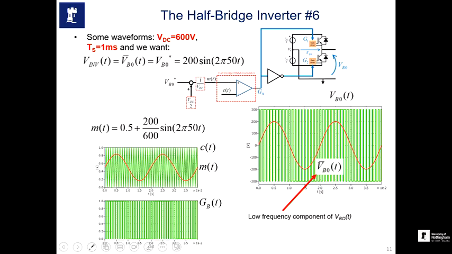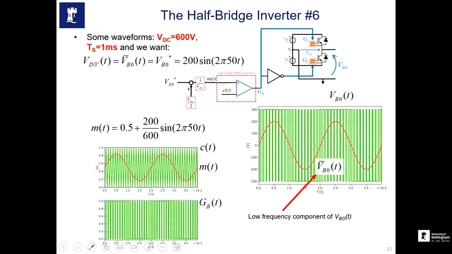Which means to generate a 200 volt peak, we have to use a 600 volt DC link. So we have to use 3 times the peak of the generated voltage as the DC link. So you understand, the margin is really big.